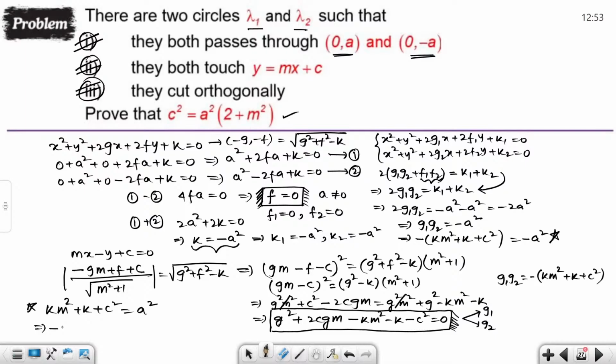We are getting minus a square m square minus a square plus c square is a square. So from here, if we take everything to the right hand side keeping c square on the left hand side, we are getting 2a square plus a square m square. Am I correct? Now let me take a square common. So we have c square equals to a square into (m square plus 2). Hence proved.